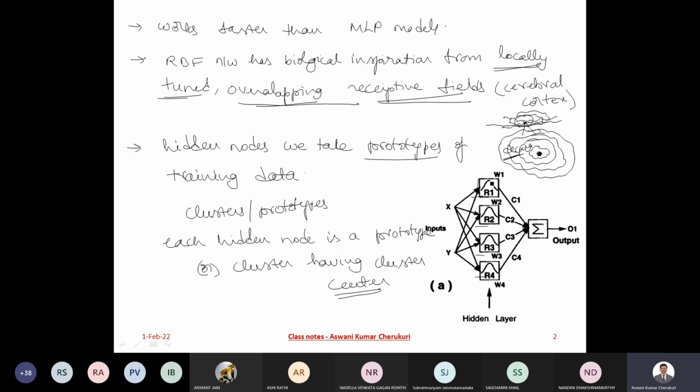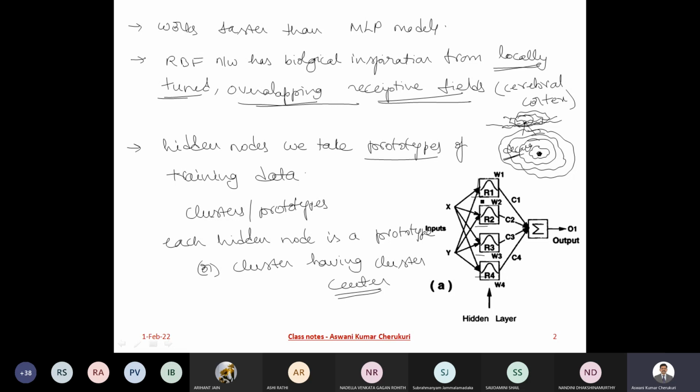Each cluster is represented in the form of a hidden node called R1, R2, R3, R4. So there are totally 4 clusters and 4 prototypes.